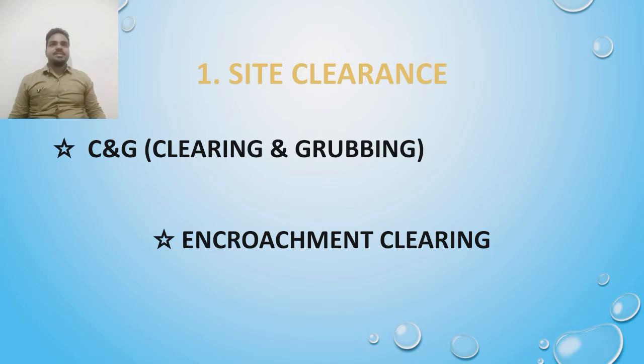In this process, we cut, remove and dispose of all unsuitable material such as trees, bushes, shrubs, stumps, electric pillars, roots, grasses, weeds, along with top organic soil up to a minimum depth of 150 mm from the road construction area. Clearing and grubbing should be the full width of the provided ROW.